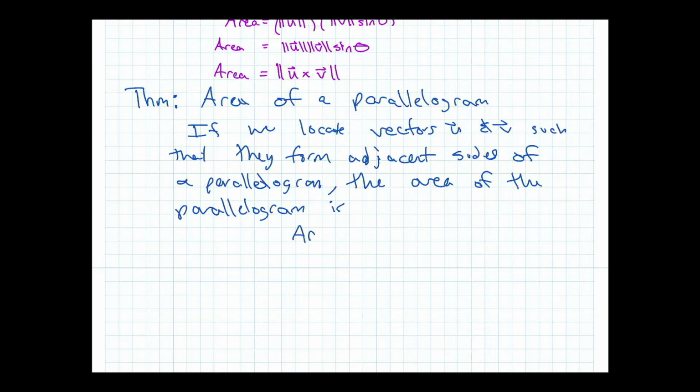So area equals the magnitude of U cross V.